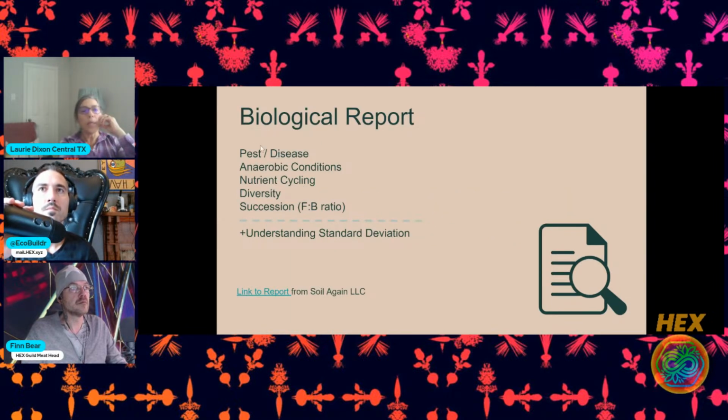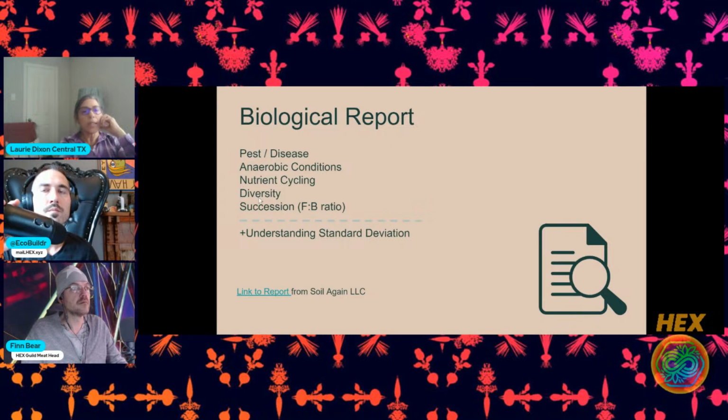And then we can see these other things that we might add into the report. If we see root feeders, if we see anything that's indicating anaerobic conditions, if we see all the levels, all the role players, then we know that you probably have nutrient cycling going on, unless you have some kind of very unusual circumstance.